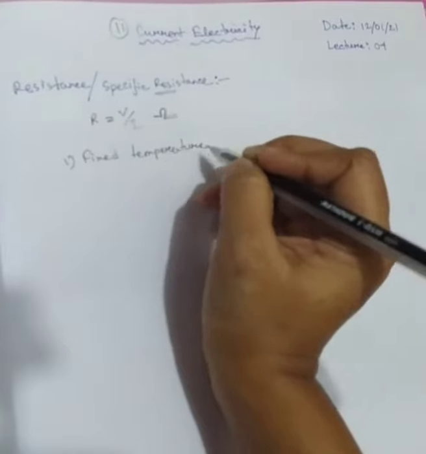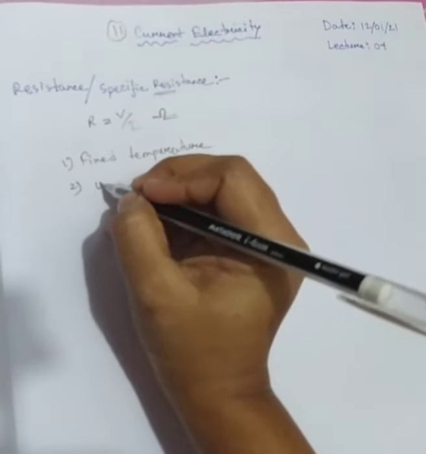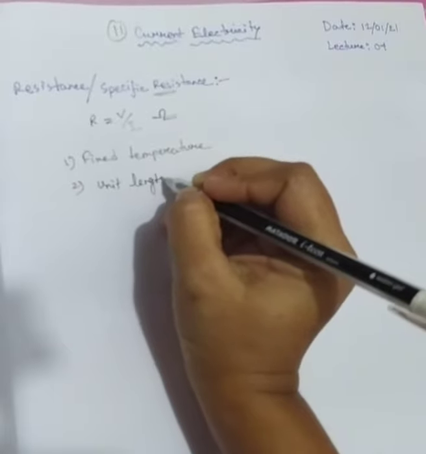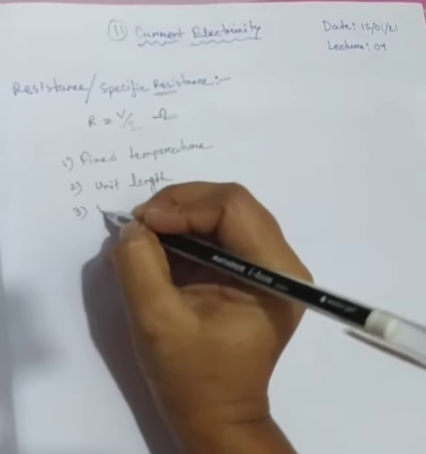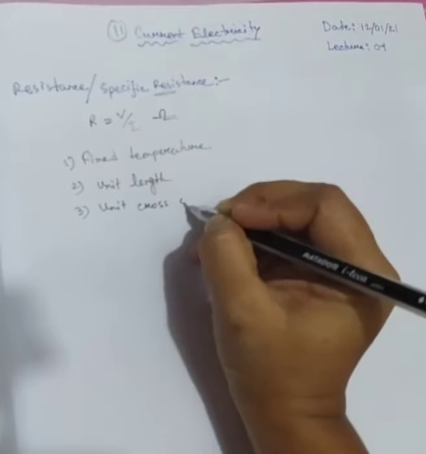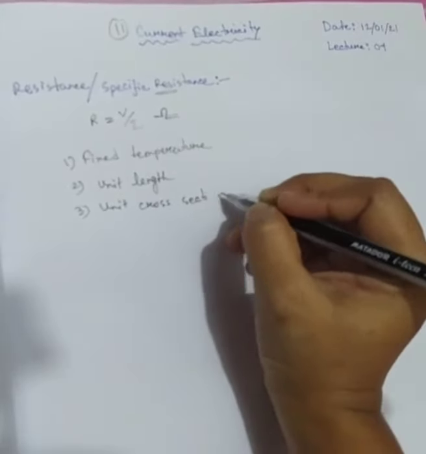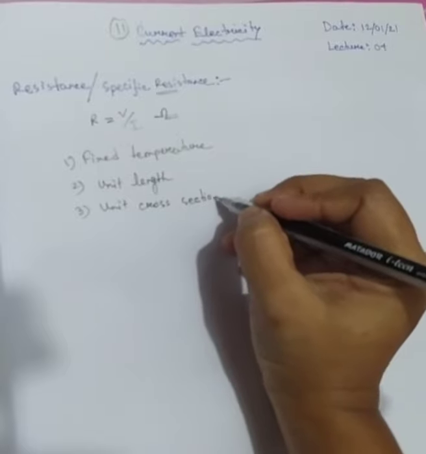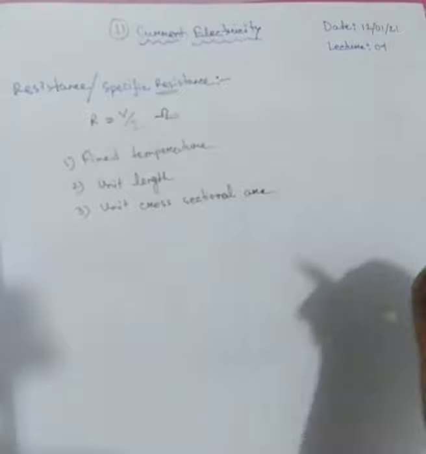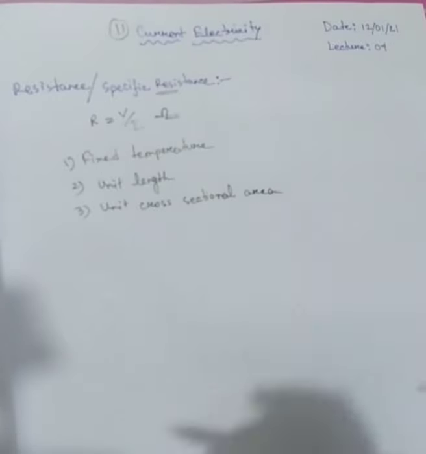The second one is unit length of a conductor. The third one is unit cross-sectional area. These criteria were not mandatory for resistance, but they are mandatory in the case of specific resistance.